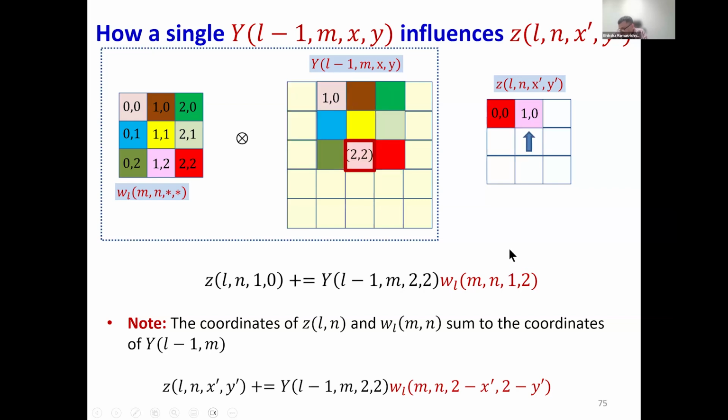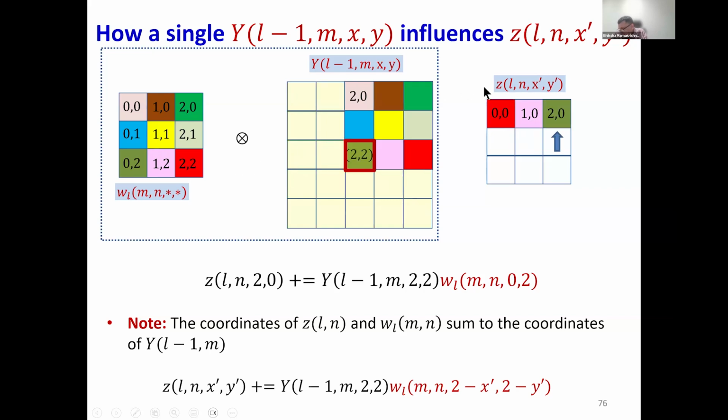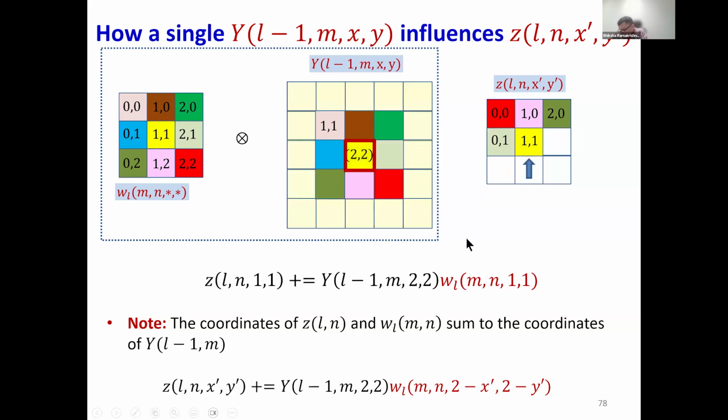If I slide the filter forward 1, now Z10 is obtained in part by multiplying Y22 by W12, as you can see from the color. Z20 has a contribution from the product of Y22 and what are we multiplying Y22 by in this case? Anybody? 0, 2. 0, 2 in the filter.